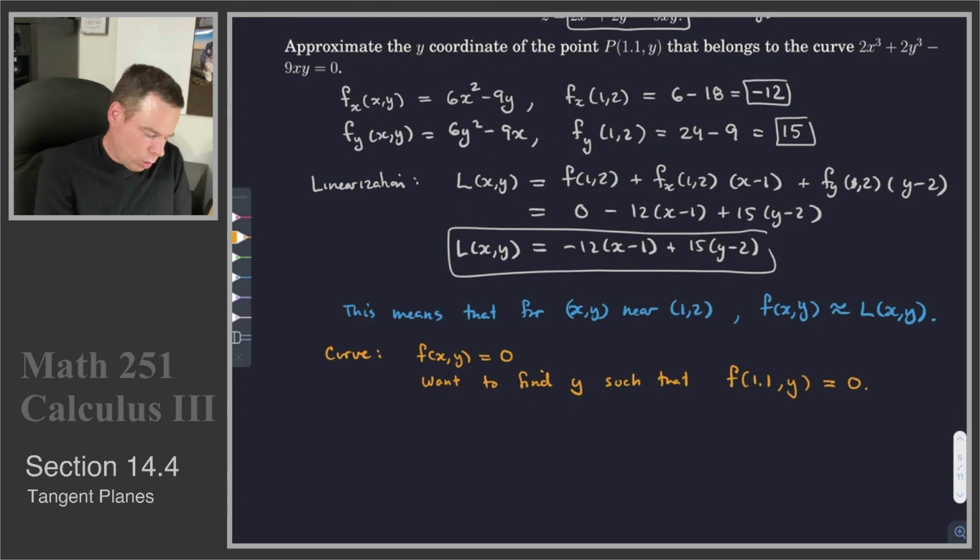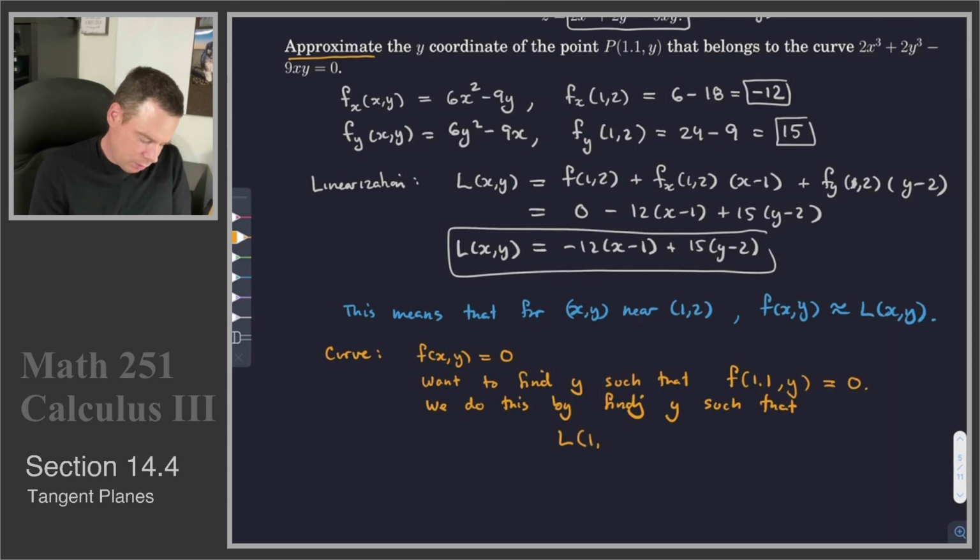Since we just want to approximate the y-coordinate, we do this by finding y such that our function f of (1.1, y) is approximately given by the linearization.